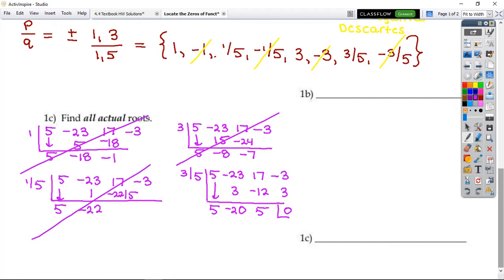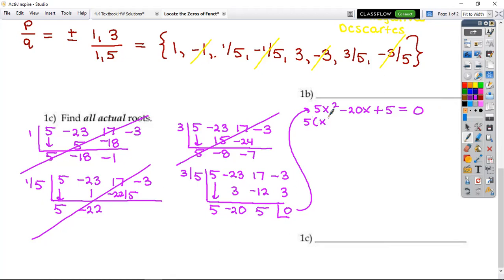Now we're going to continue this. So here's my resulting quadratic. So now I'm going to take 5x squared minus 20x plus 5 equal to 0. Can't we divide everything by 5? So I have 5.